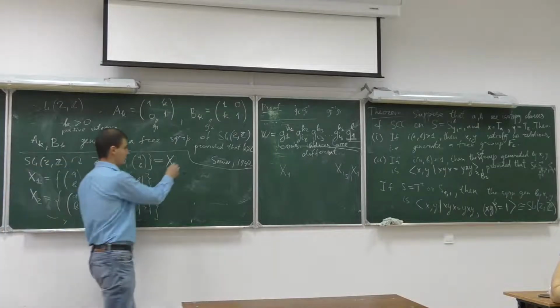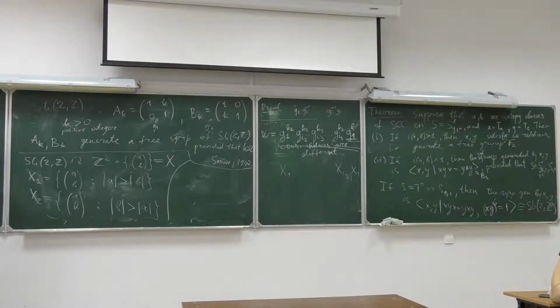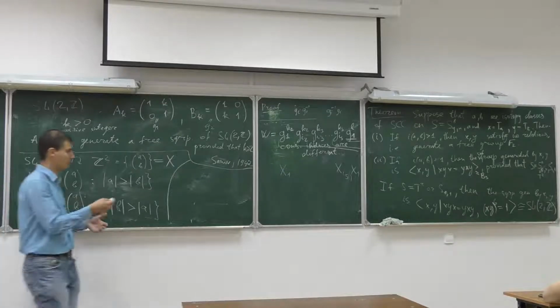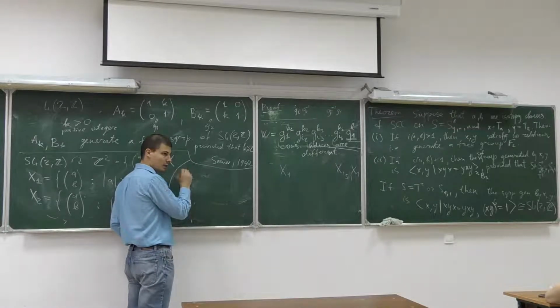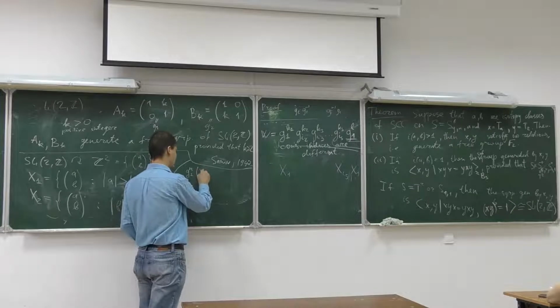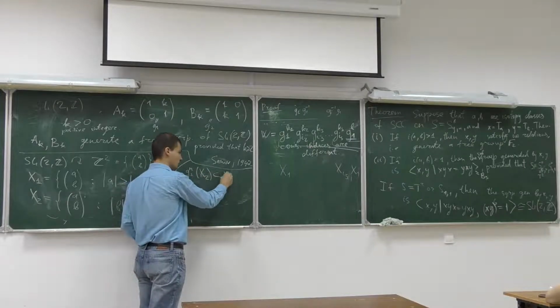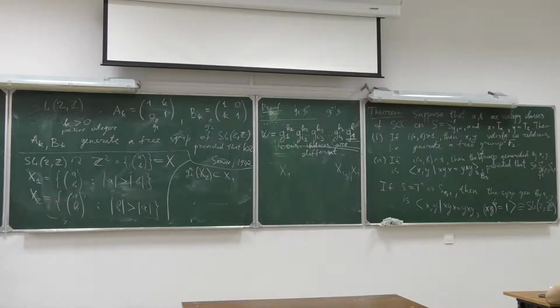Now let us check the condition in the ping-pong lemma. Since the situation is symmetric, we just need to prove that a non-trivial power of G1 takes X2 into X1, and the second condition is completely similar.